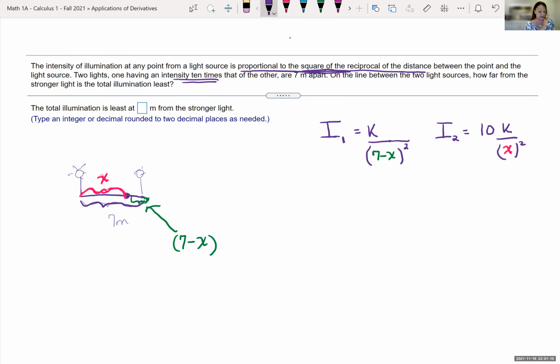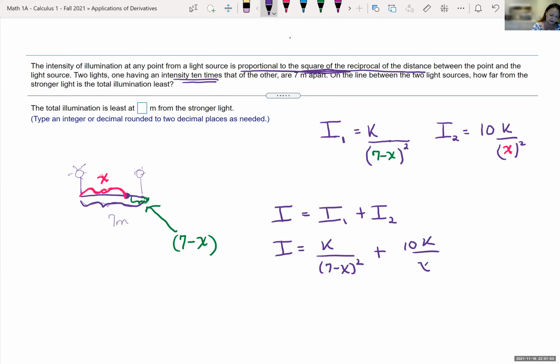So the total intensity of the illumination from both light posts is the intensity of the weaker one plus the intensity of the one that is 10 times stronger. We can rewrite our function as I equals K all over (7 minus X) quantity squared, plus 10K all over X quantity squared.